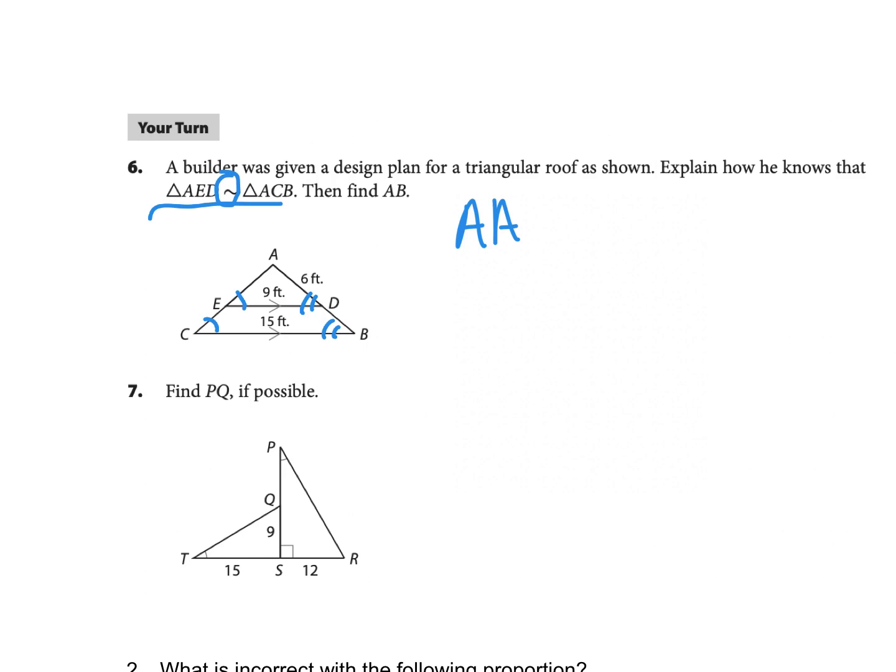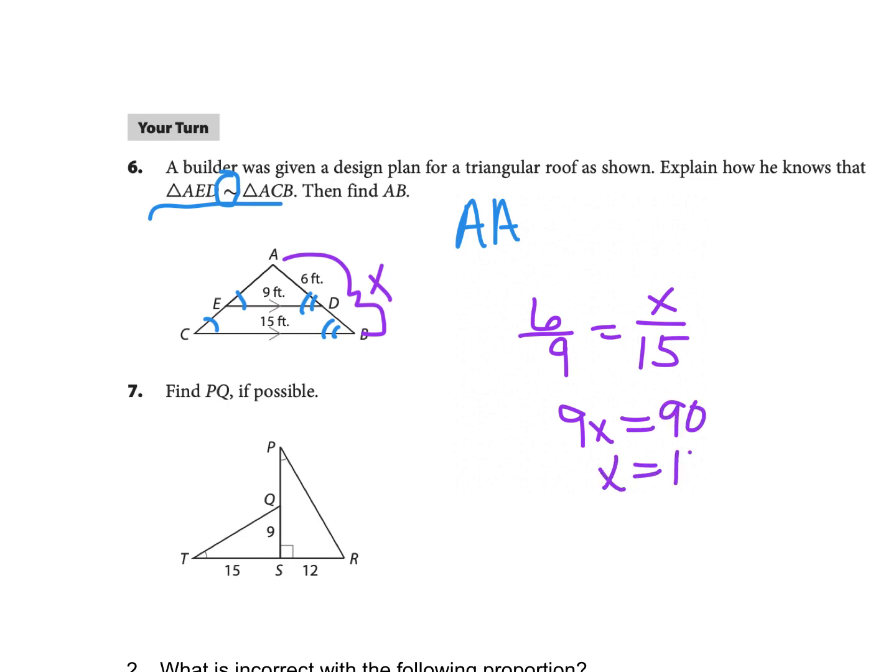And then he wants us to find AB. So again, I can do 6 is to 9 as x is to 15. Side is to bottom as side is to bottom. Or the other way. And I get x equals 10.